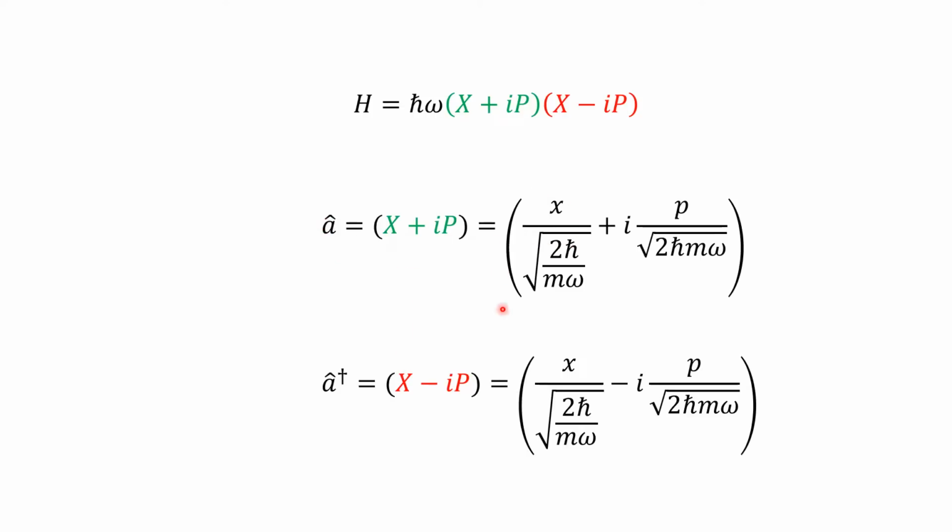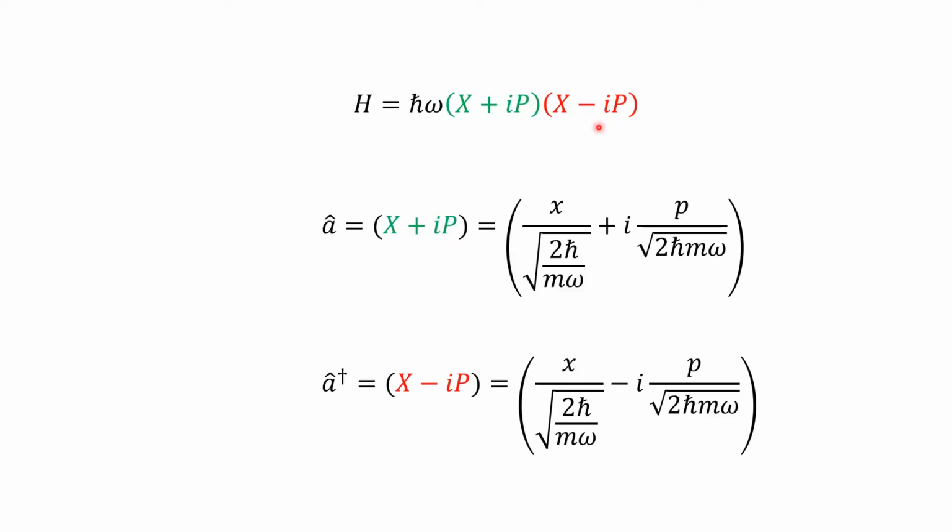We are going to see why it is called the annihilation operator in a couple of minutes. First term is X, second is iP, capital P, where P is divided by square root of 2 h cross m omega. Similarly, the other operator, A dagger, is the creation operator. We are going to see why it is called the creation operator.